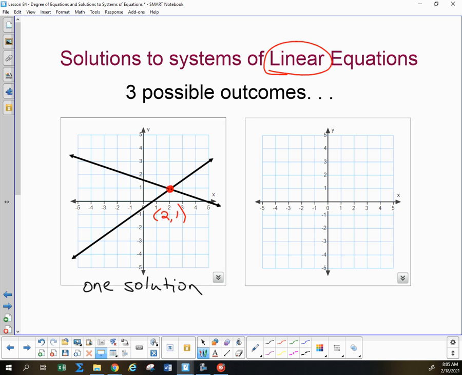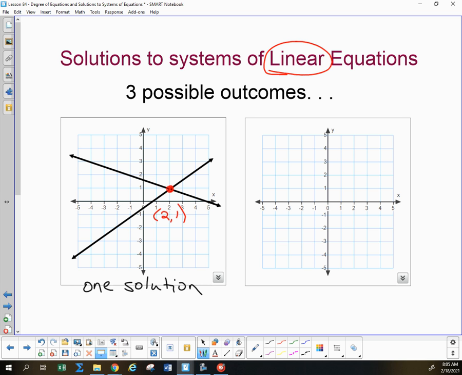Now, if I have 2 linear equations, what else could my lines look like? Somebody at home, unmute and answer for me. Do two equations for lines always mean two lines that cross at one point? Clayton, you're shaking your head no. What else might happen? Clayton, unmute. What else might happen?